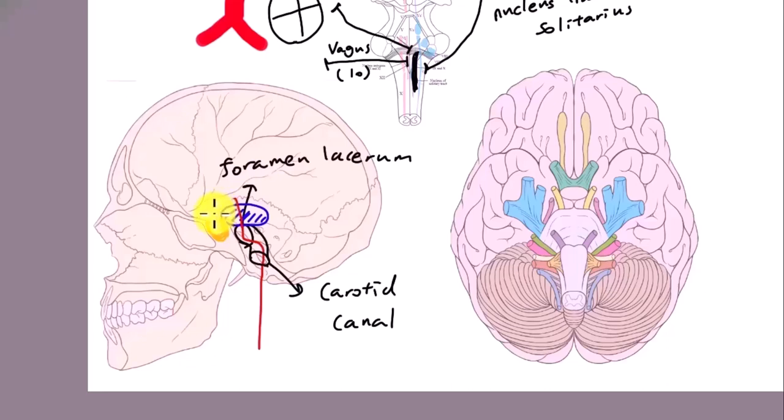It pierces dura mater, then it pierces arachnoid mater, and it enters the subarachnoid space. Just as a review, from the last tutorial, I mentioned that the vertebral basilar system enters the subarachnoid space once it enters the foramen magnum, let's say around this region.